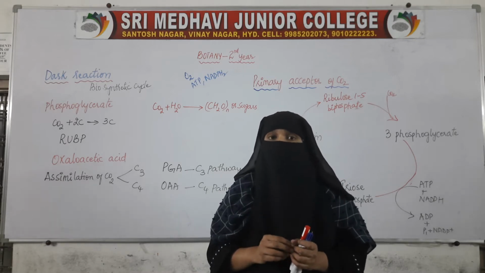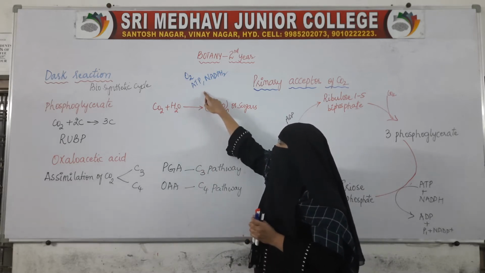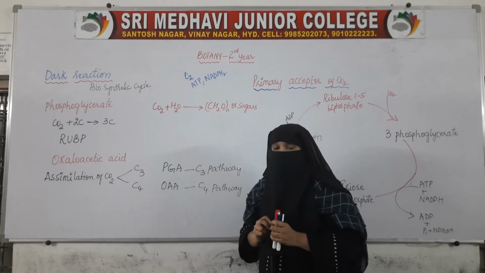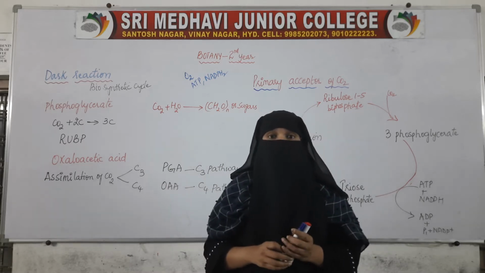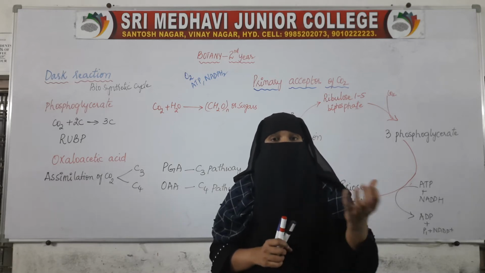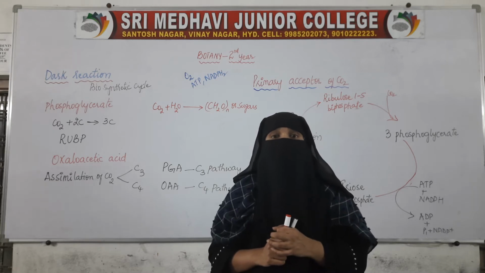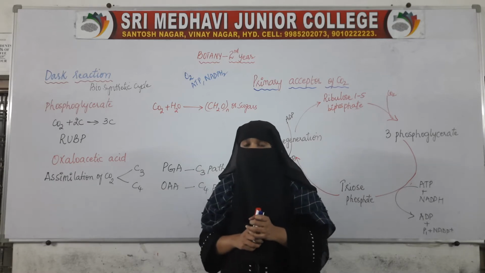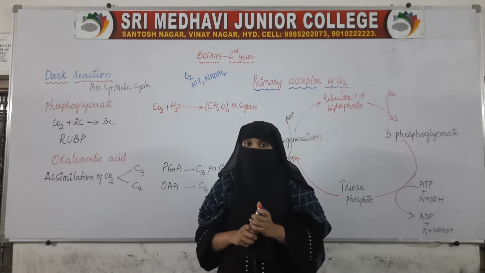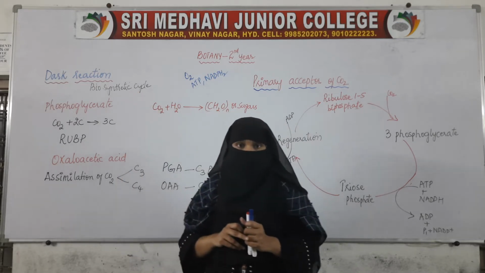By using these two products from the light reaction, plants are synthesizing a biomolecule, which is nothing but carbohydrate. So that is why this cycle is also called the biosynthetic cycle.